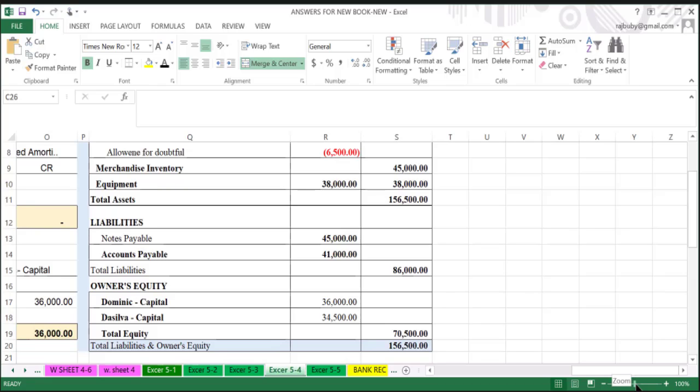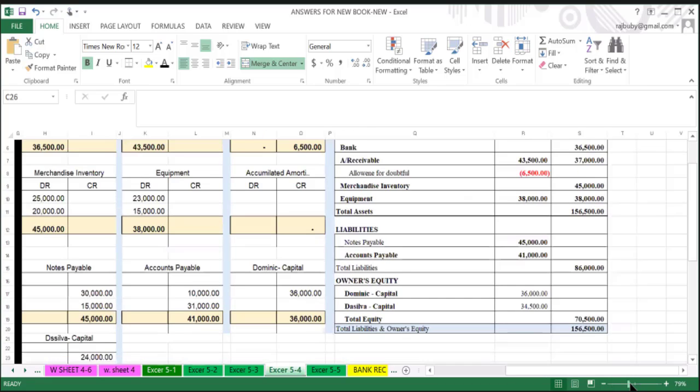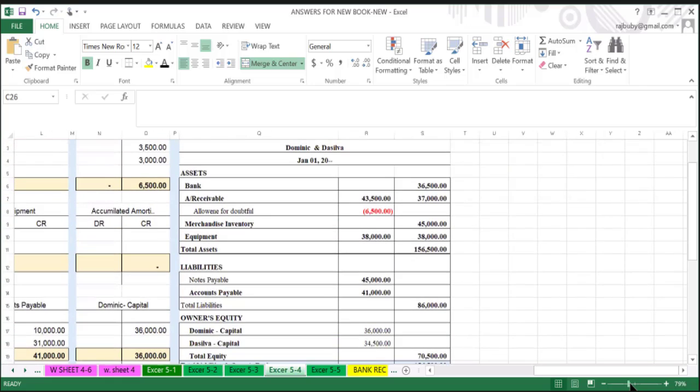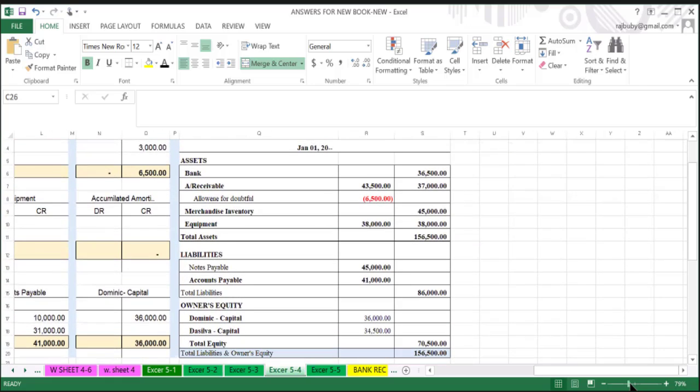Okay, I see. It's correct. Can you read? Yeah, I can read. It's small letters. That's okay, I'm just checking the numbers.